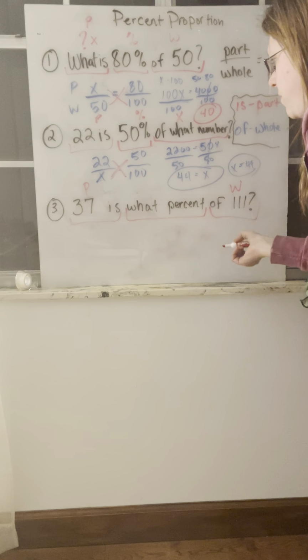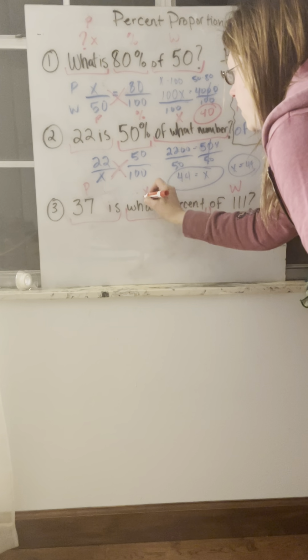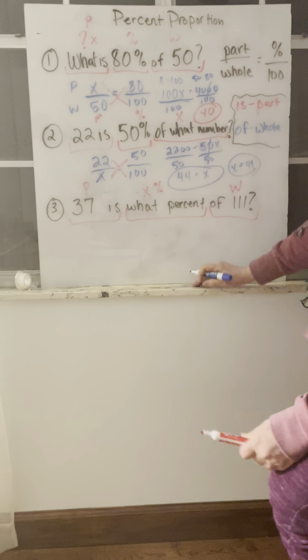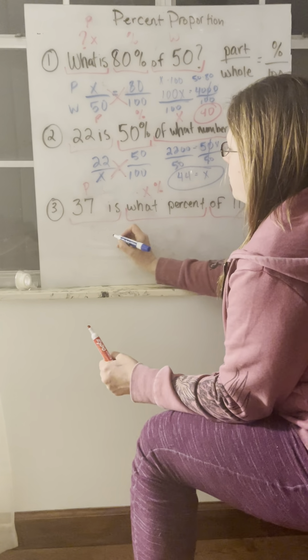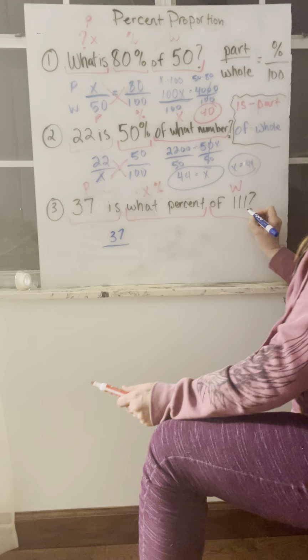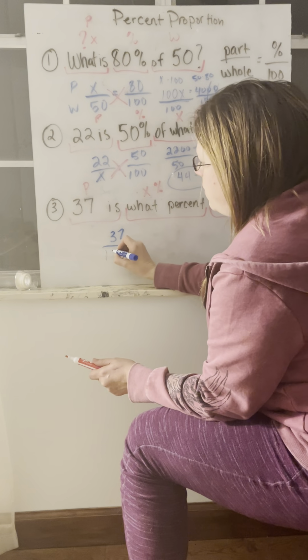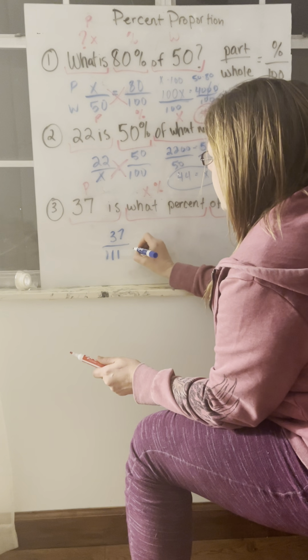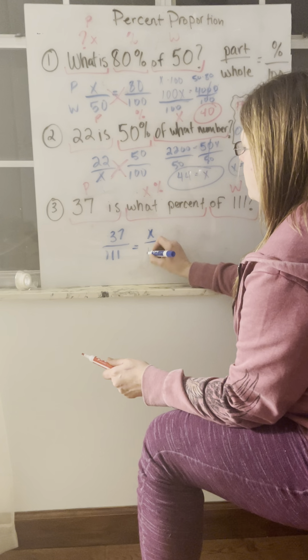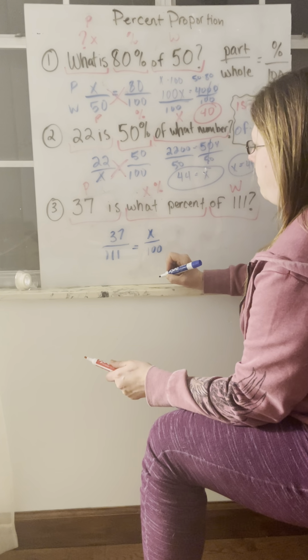It doesn't give us a percent, so x is going to be our percent. It's going to go where the percent would go. So we have 37, our part, over our whole of 111, equals x over 100.